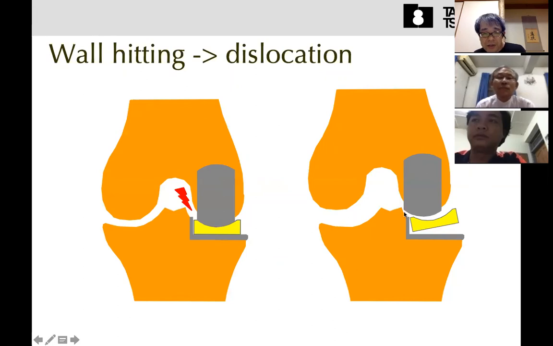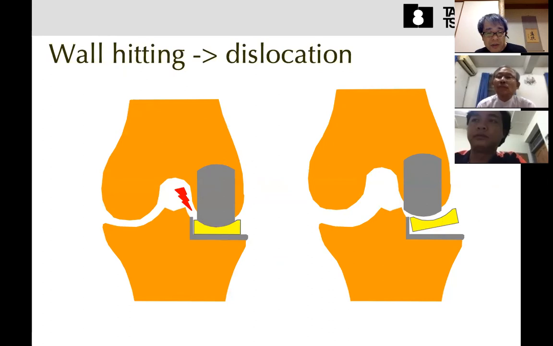That can cause the lateral dislocation of bearing. And to avoid this one, to place the femur component properly is very important.